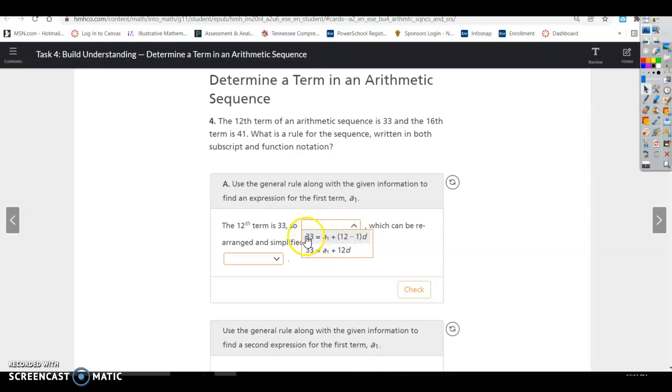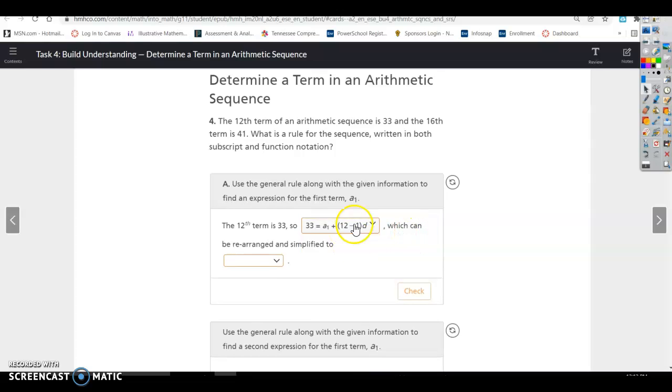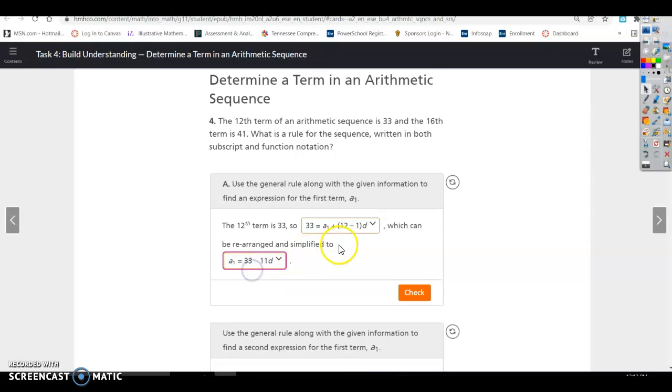This is just plugging the 33 and the 12 into the general formula. If I simplify this, 12 minus 1 is 11d. If I subtract that from the other side, we're going to have a sub 1 equals 33 minus 11d.